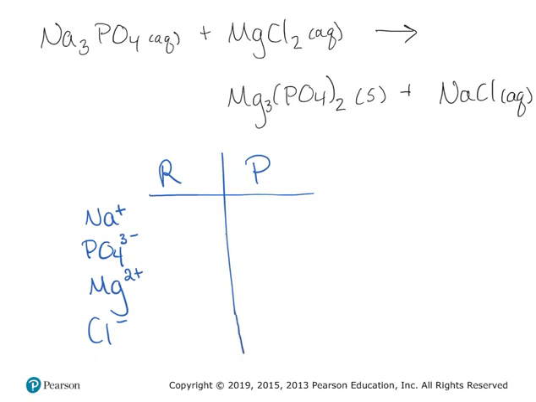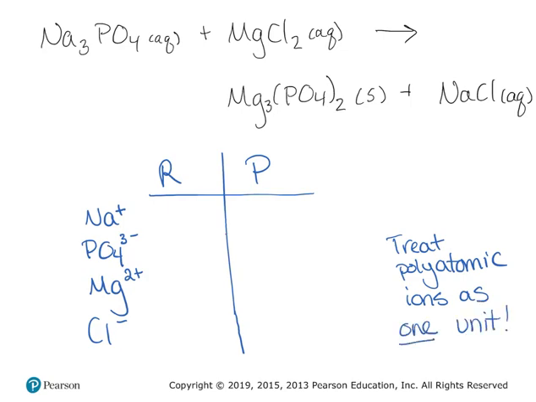So notice that I left PO4, the phosphate ion, as one unit. So treat polyatomic ions as one unit. So for instance, we're not going to balance phosphorus atoms separately from oxygen atoms. That's going to be way too difficult. Instead, we're going to treat phosphate as one entity, and we're just going to balance that, and it's going to make it so much easier.